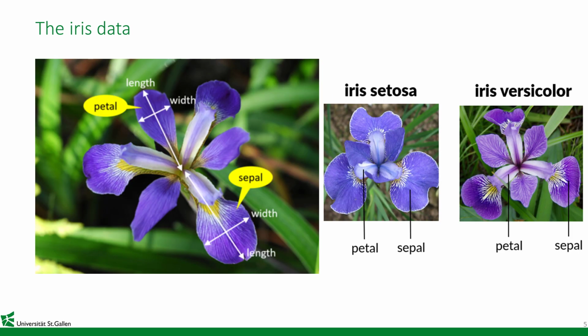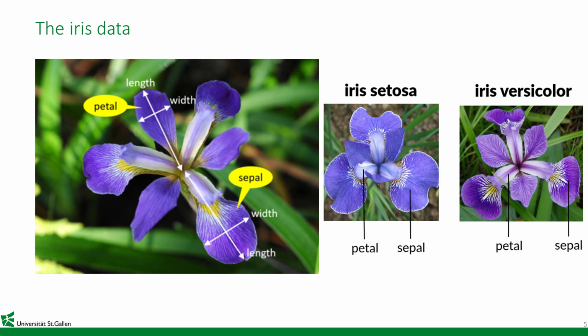Now I promised you I would talk a bit more about the two variables we have in our data set. From the pictures you can see on this slide, we see that we have petals and we have sepals. Petals and sepals are two different kinds of parts of flowers, and each of those parts has a unique width and length.